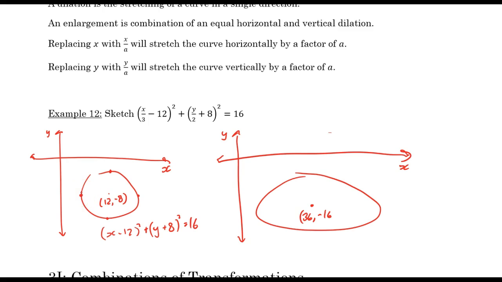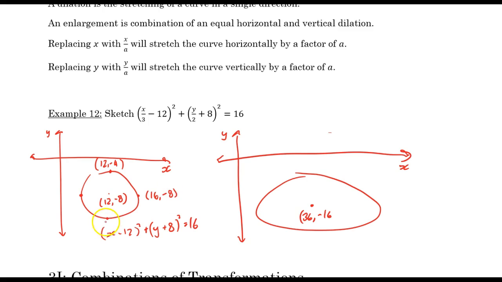The maximum that this relation reaches is 4 units above that, so that point there is at (12, negative 4). The furthest to the right it reaches is going to be (16, negative 8).